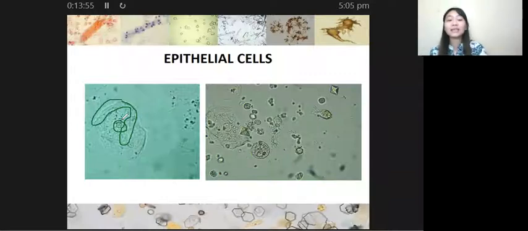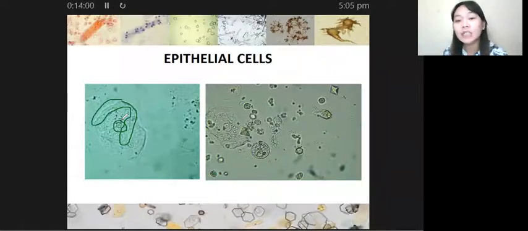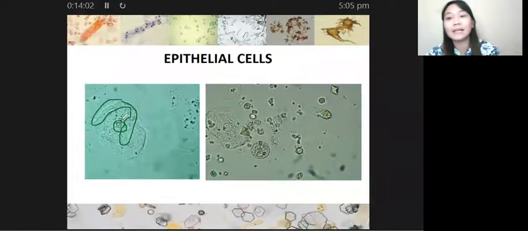As for the average diameter of your epithelial cells, it is 30 to 40 micrometers.